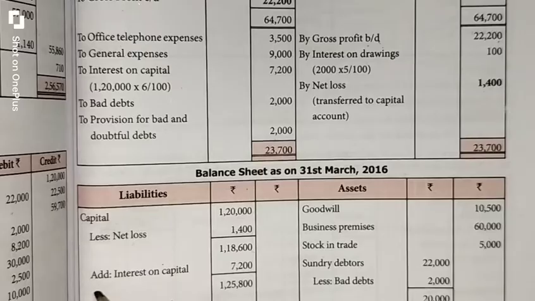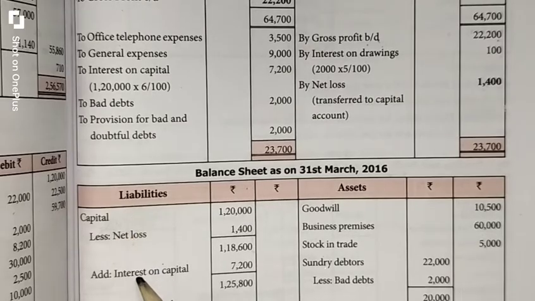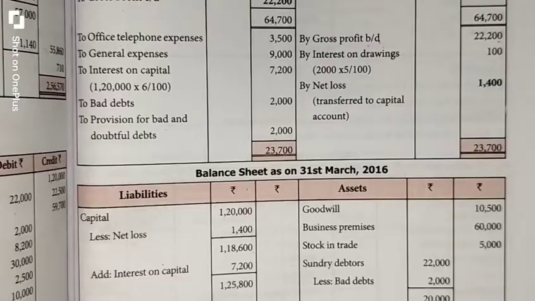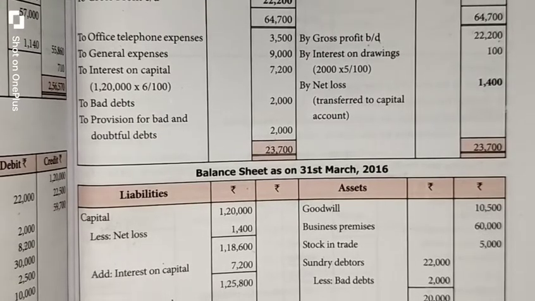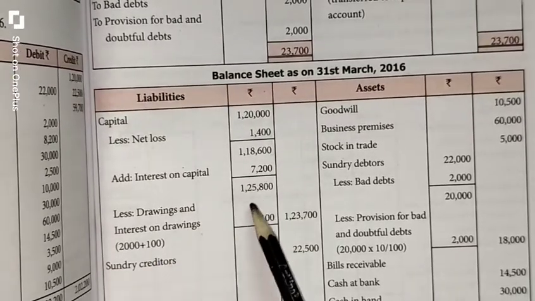From that answer we have to add interest on capital, as per the format of the capital. And from that answer we have to subtract the drawings and interest on drawings. Drawings 2,000 rupees and interest on drawings we have 100 rupees. Both we have to subtract.